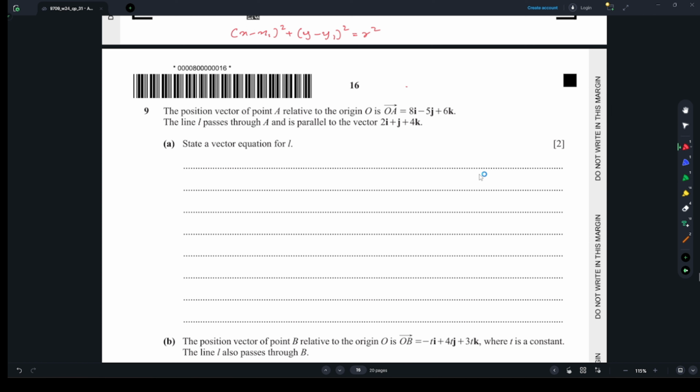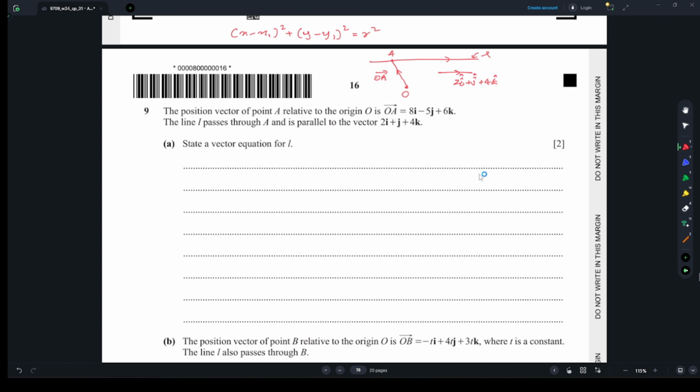We have the origin O and we have a point A. Then there is a line which is passing through A, and they gave you this A vector, right? And so this is this line L, and they say that this line is parallel to the vector 2i plus j plus 4k, right?